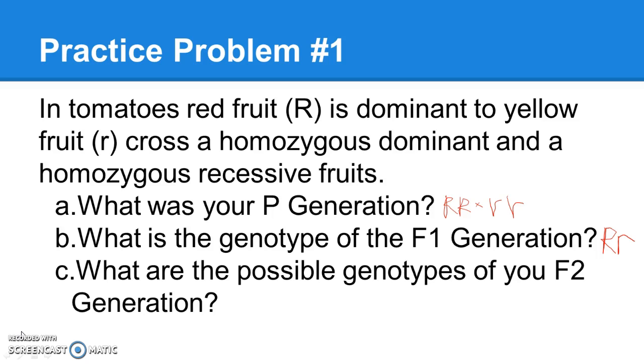Do a Punnett square, and write the number of each different type that you get. What you should have gotten was what we call a 1 to 2 to 1 ratio: 1 homozygous dominant, capital R capital R, 2 heterozygous, and 1 homozygous recessive.